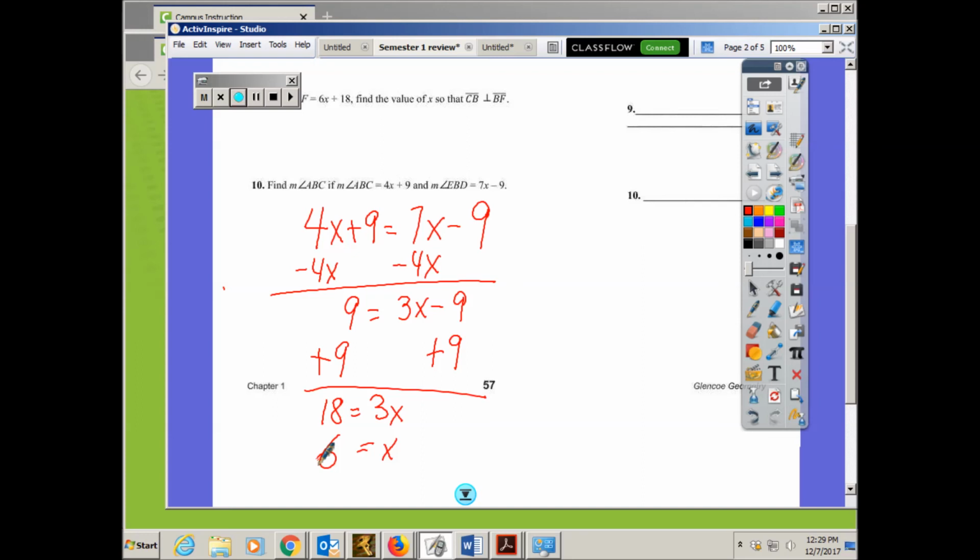But they asked me to find the measure of ABC. They didn't ask me to give them x, did they? So you got to be really careful about what they're asking.